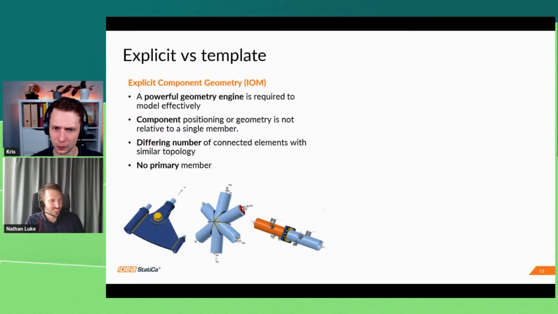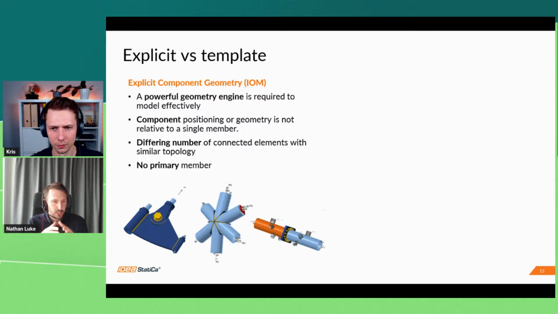after the chat. Just before I show the examples, I want to briefly touch on the two typical ways that you might use Grasshopper for generating connection geometry. We talked about the explicit component geometry, and that's the power of Open Model.